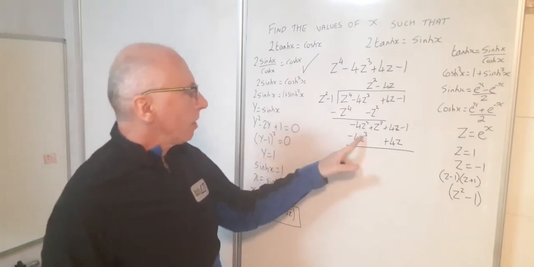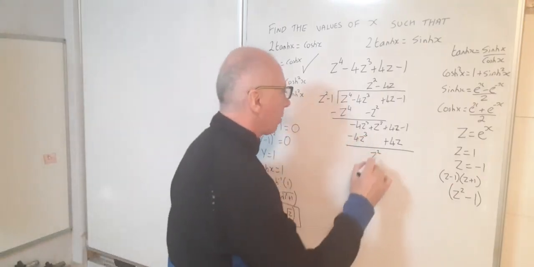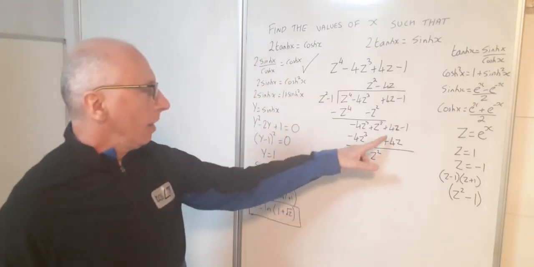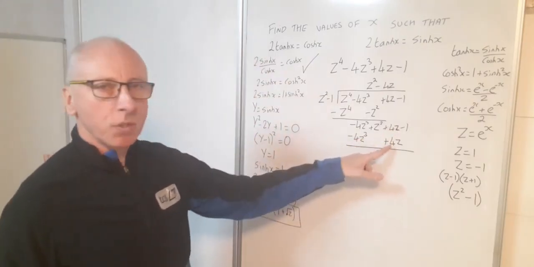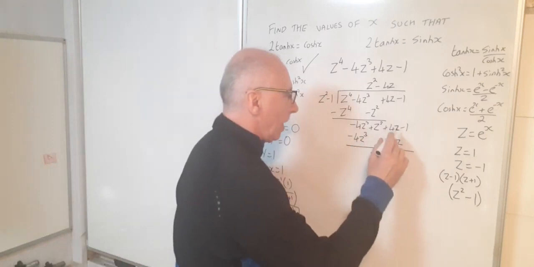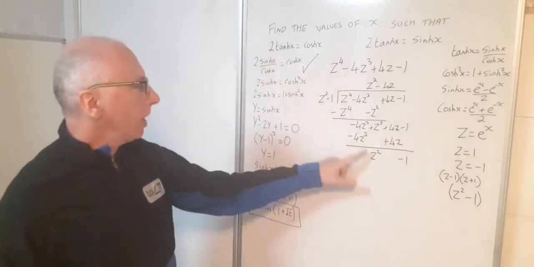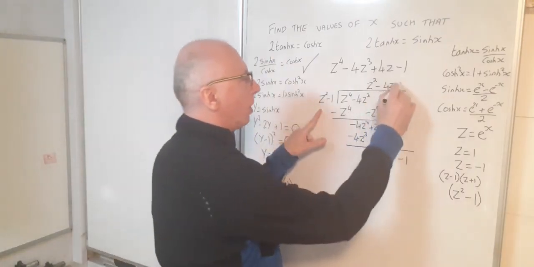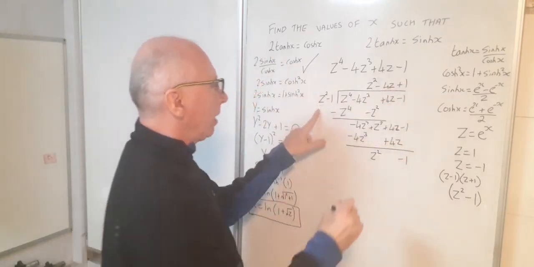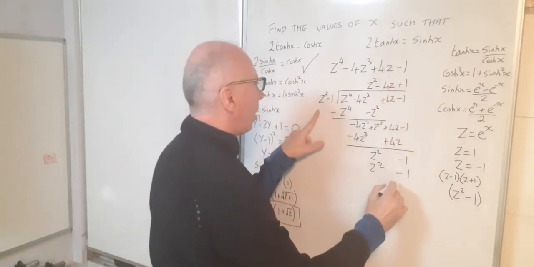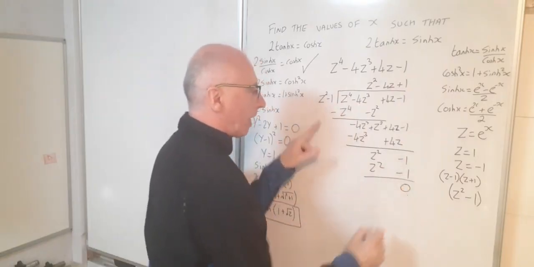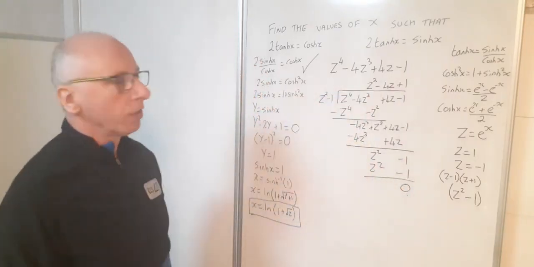Z squared minus nothing gives me z squared, and then I've got plus 4z minus a plus 4z, that gives me 0, and then minus 1 minus nothing is minus 1. So again, z squared into that just gives me a plus 1, and then bring that back in, I've got z squared minus 1, and then that all cancels out. So that's our solution for that.